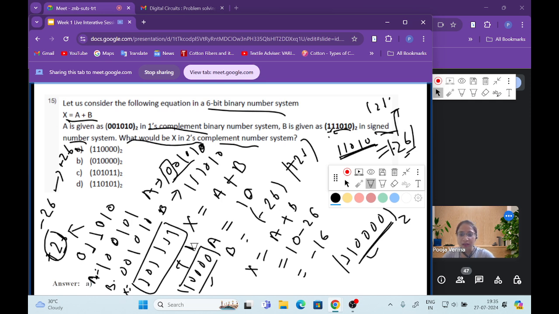So here I have added 1 to represent the 2's complement of X. When you add, 1 plus 1 is 0 with carry 1, again 1 carry 1, again 1 carry 1, and here it is 0, so the carry is added and 1 remains. So you will get 11 followed by four 0s.